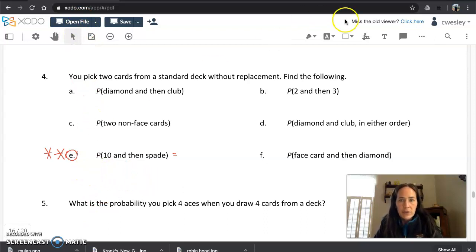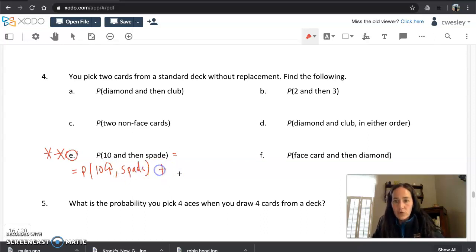So this is the probability that, first, we pick the 10 of spades, and then you're just picking another random spade from the deck. I'll just put spade there. Or, we said "or" means add. Maybe you didn't pick the 10 of spades. Maybe you picked the 10 not of spades, so a non-spade 10, and then a spade after that.